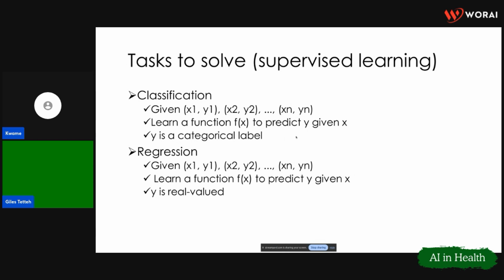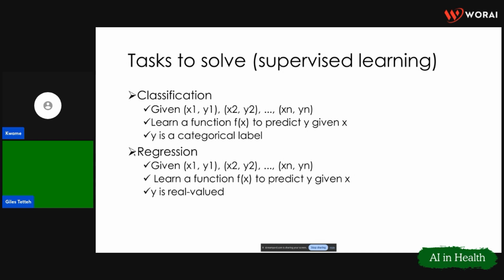And then here the assumption is that there exists a function f. A bit of functional analysis here, but the assumption is that there is a function f of x which maps our x to our y. This function we don't know, and that is what we want to learn.